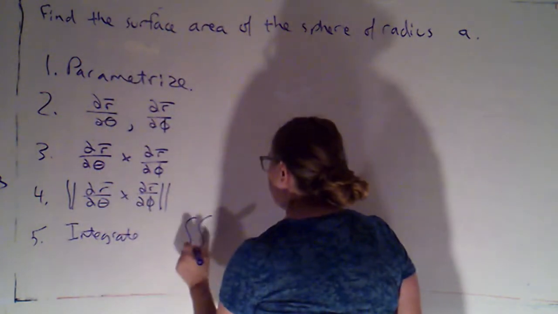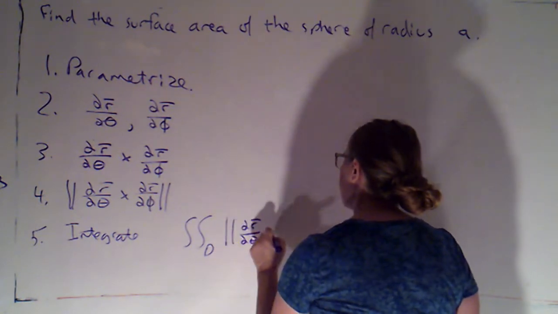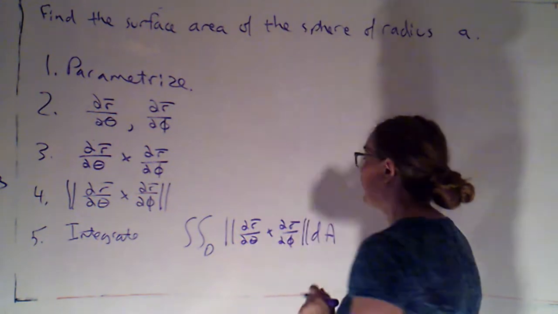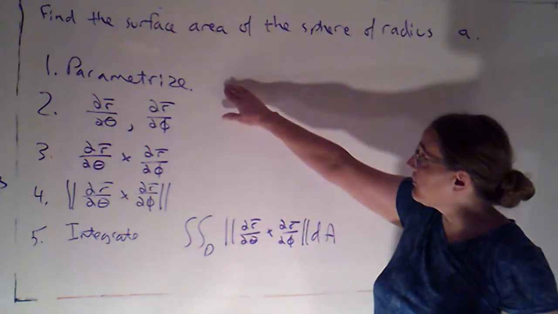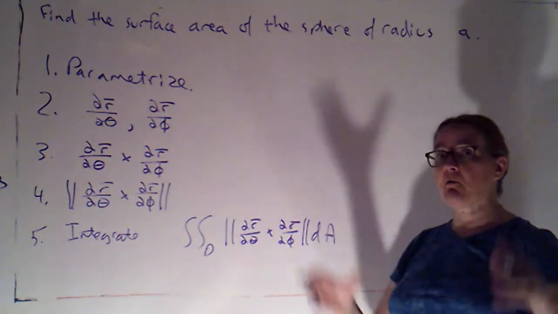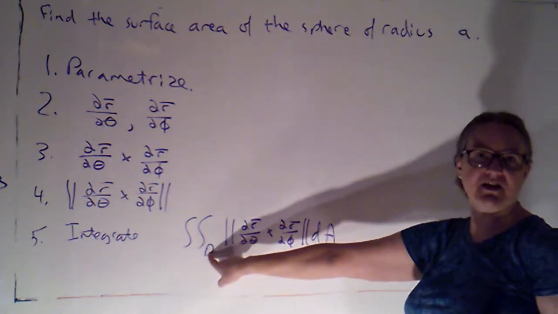So we'll be taking the double integral over D of the magnitude of del r, del theta, crossed with del r, del phi, dA. That does mean part of writing my parametrization is figuring out how I want to restrict the parameters to define this region D.